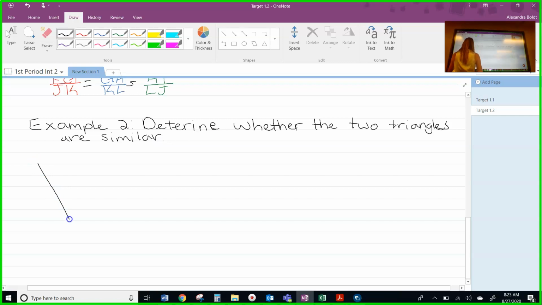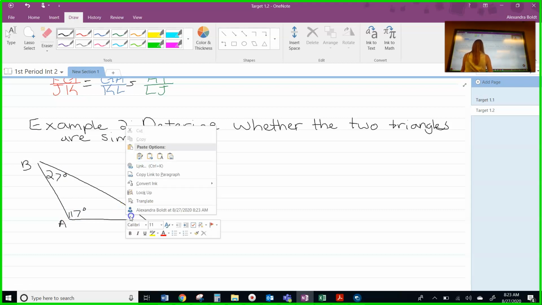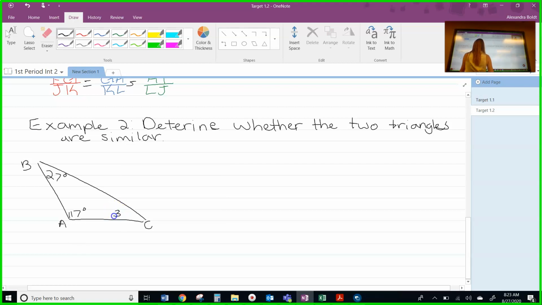So I have BAC, and B is going to be 27 degrees, A 117 degrees, and C 36 degrees.